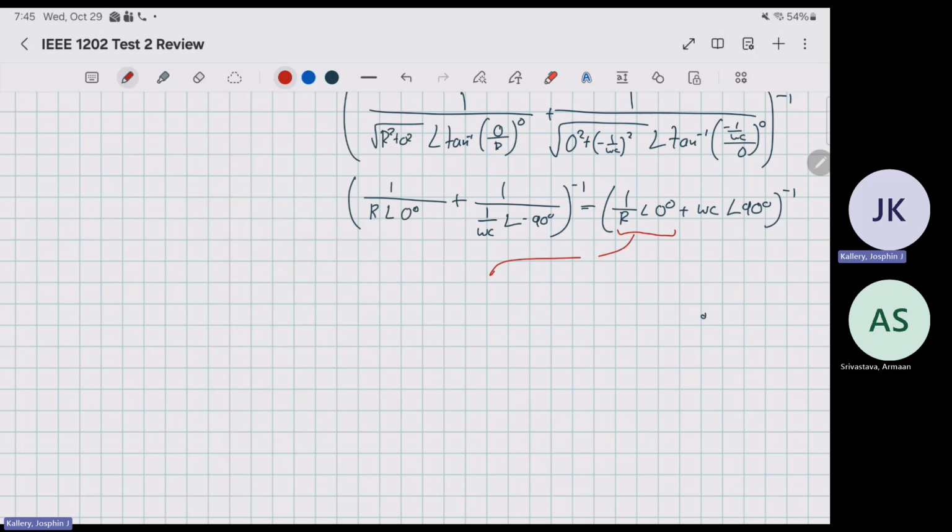So the real part will be 1 over r cosine 0 degrees plus j 1 over r sine 0 degrees. Okay, and then we'll do the same thing here. So omega C sine of 90 degrees plus j omega C. Oh, sorry, that's supposed to be cosine. Oops.